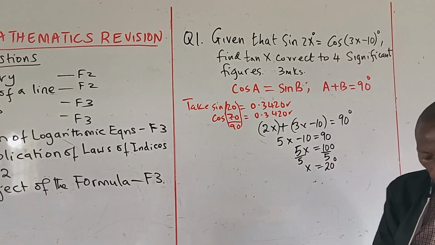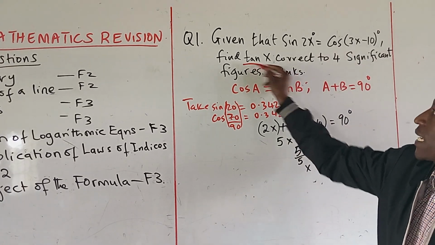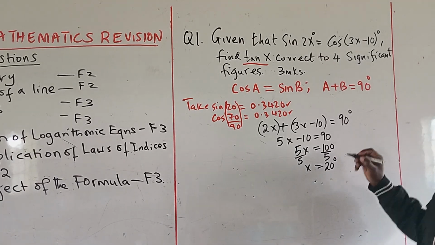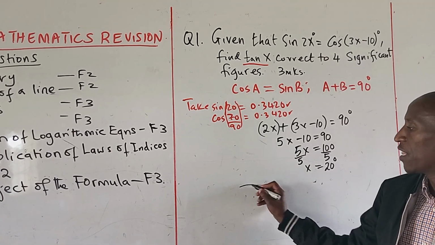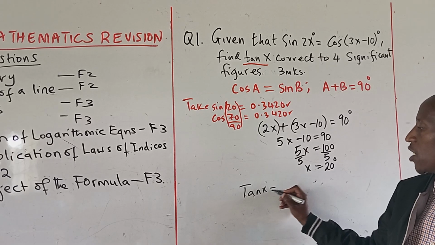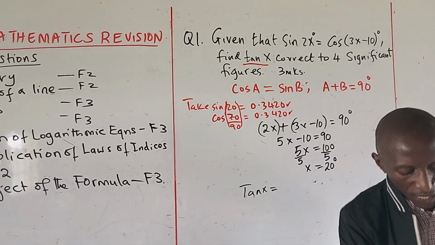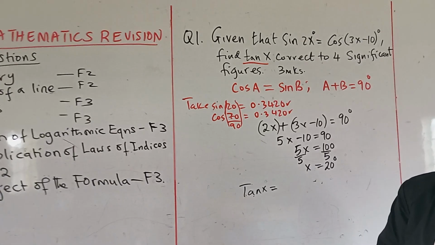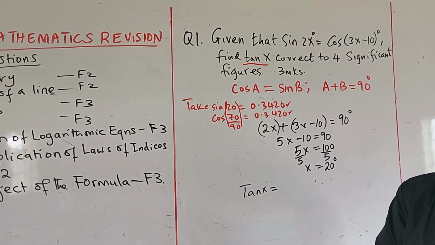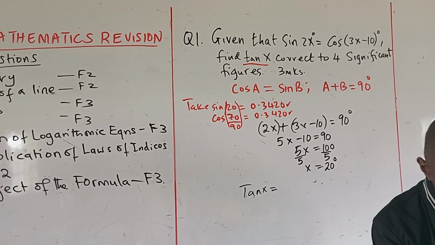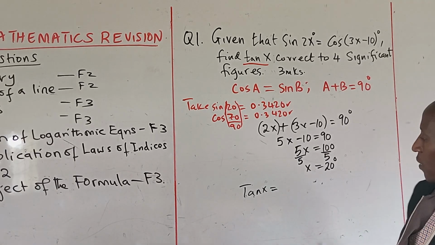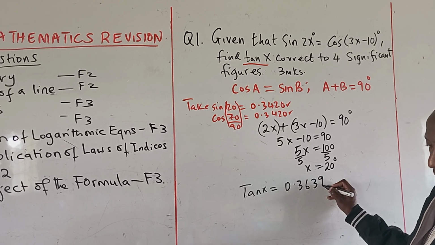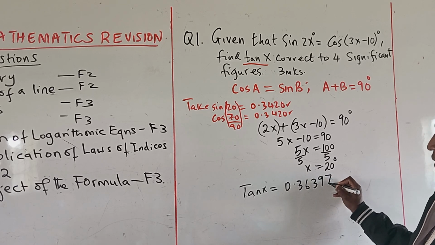Now we come to the question. The question was, find tan x. And that means we can come in here and say, therefore, tan x is equal to, we can read this from the calculator or from the mathematical table, that is tangent of 20, and I'm getting the figure 0.3639.